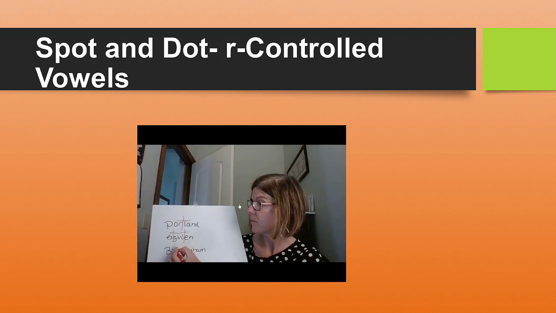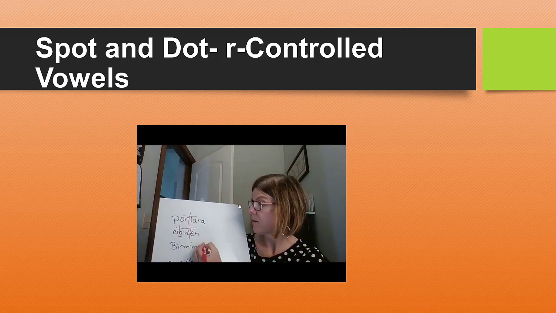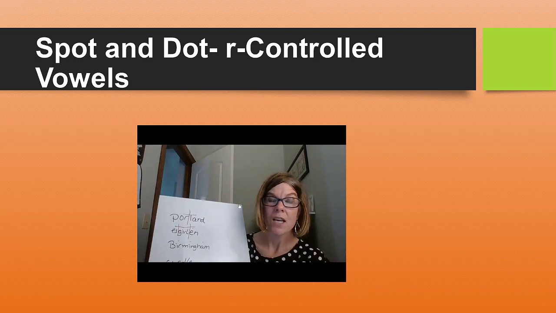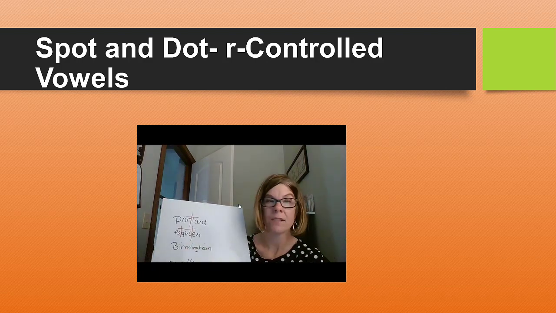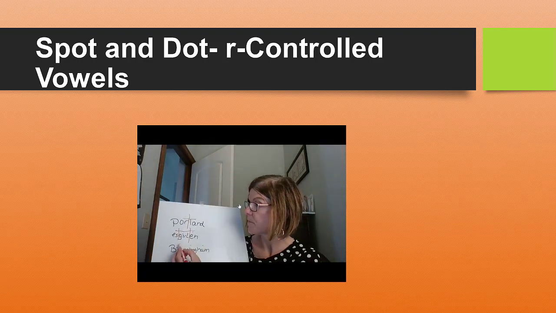So let's come down here. I'm going to spot and dot my real word. Now this is a long word. So when you're reading this with students, they might get frustrated when they see a long word like this, but we teach them to spot and dot correctly. They will be able to get that word in no time.